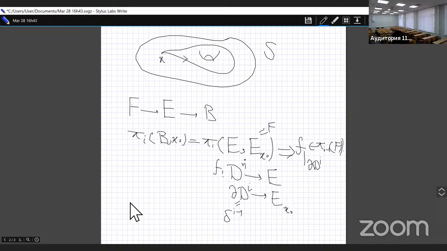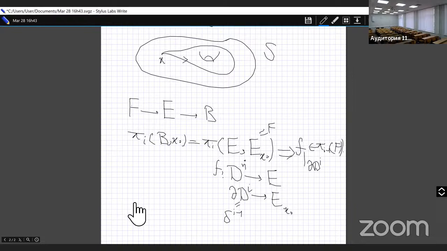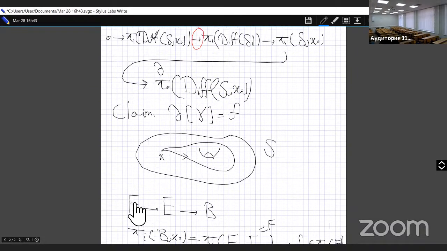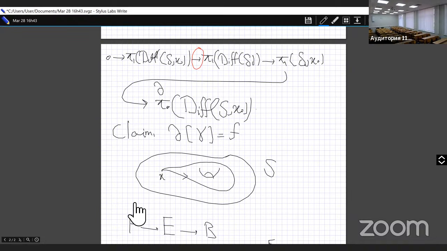Look at this again. Is it clear now? Look at the fibration here. Everything here is a map. Every loop here goes to some path of diffeomorphisms.